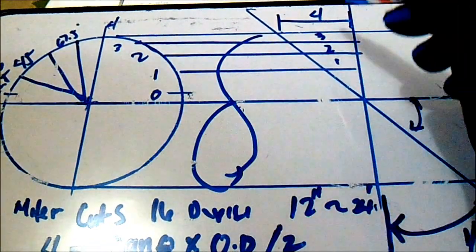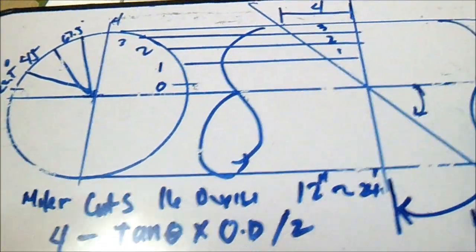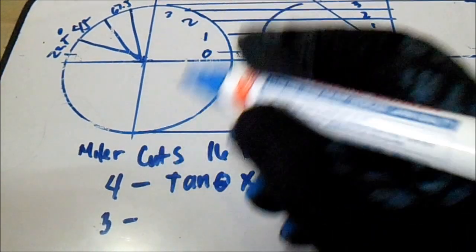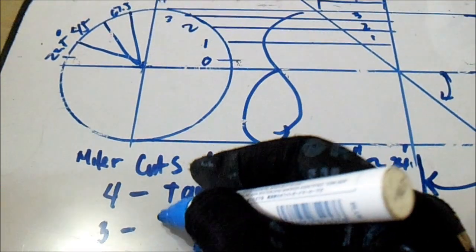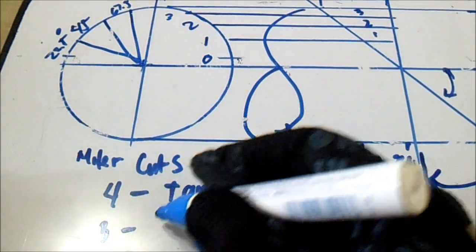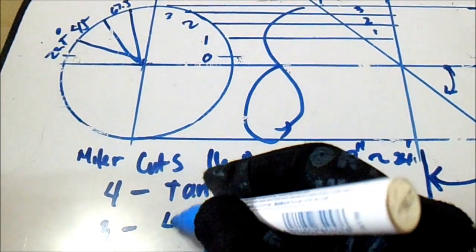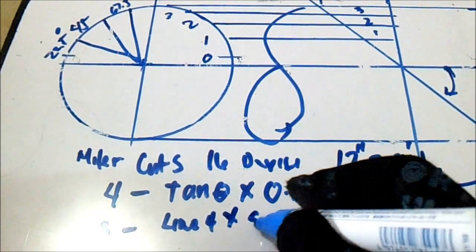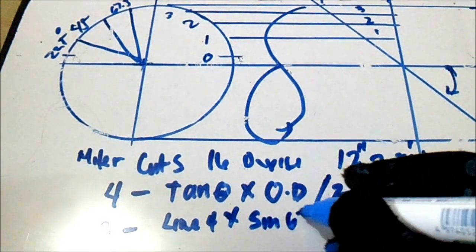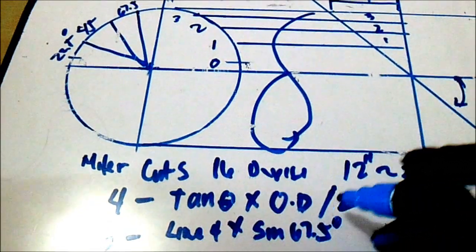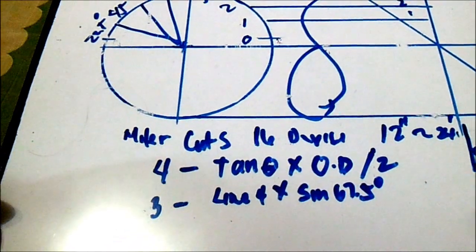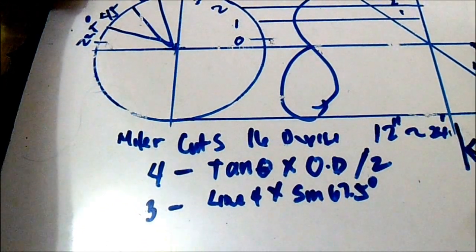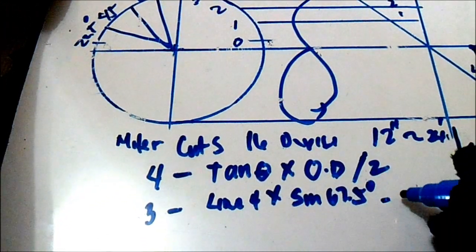Now to get dimension number 3, take line number 4 multiplied by the sine of 67.5 degrees.